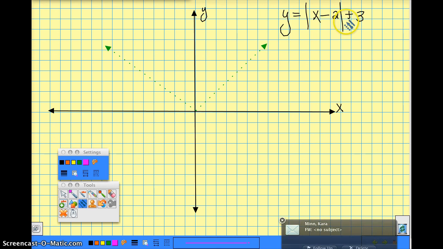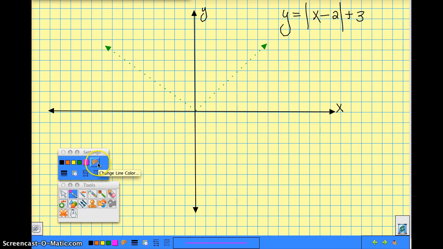Now, notice that it has a positive 3 on the outside. That means it's going to have a vertical shift because it's affecting the y-axis, and it does make sense because we go positive 3, which means we would go up 3. So that means I'm going to go 1, 2, 3. So right here.